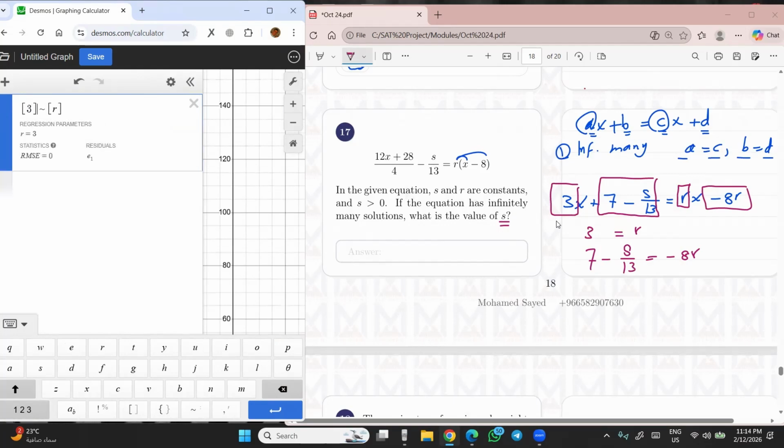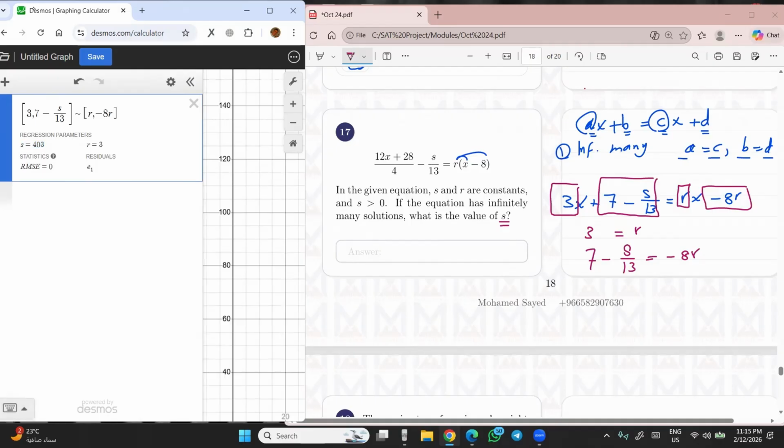Of course, now r is equal to 3. Then a comma, and write 7 minus s over 13. Go to the second one, don't forget to write the comma, negative 8r. And then we get the value of s, and s here is 403, as you can see on the left side. So the answer is 403.